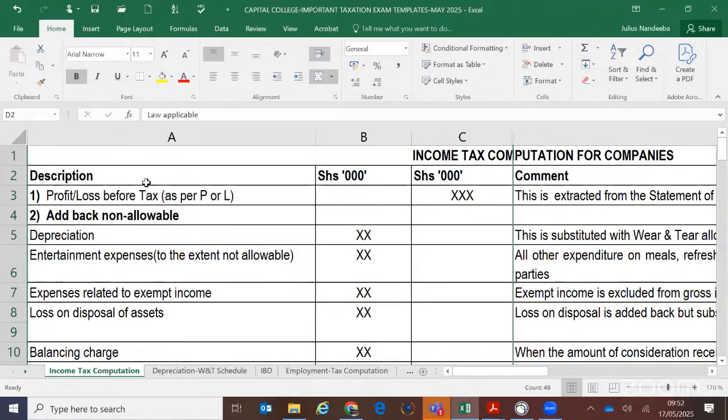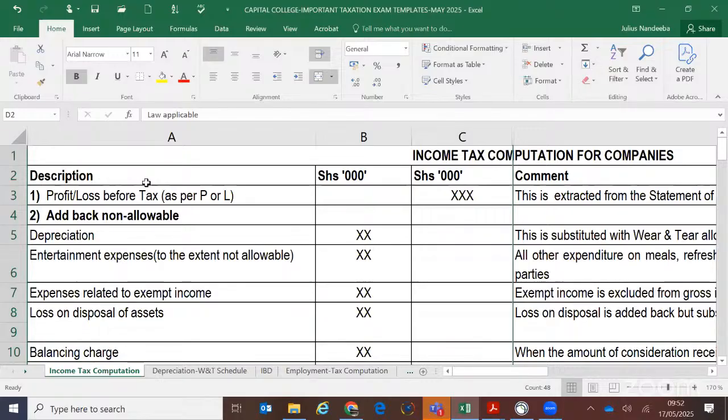Whatever you add back, whatever you subtract, you put it in column number 2. And then the totals, you put them in column number 3. Now, you start with the profit or loss before tax. If it is a profit, you bring it as a positive and put it in the last column. If it is a loss, you bring it as a negative and put it in the last column.